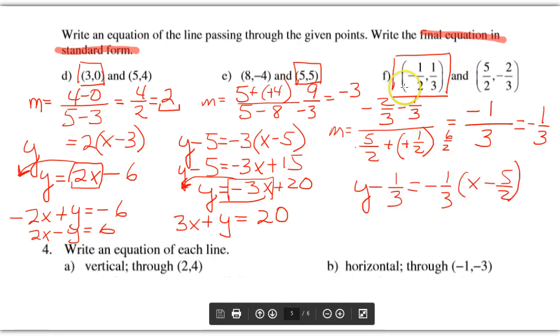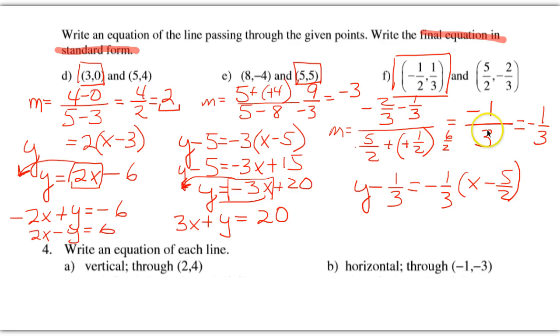Now, as we substitute in letter F here, I'm going to change colors so we can see this a little better. Our slope is a negative 1/3, so we put that there. Our x value was a negative 1/2. Did I put that right in there?